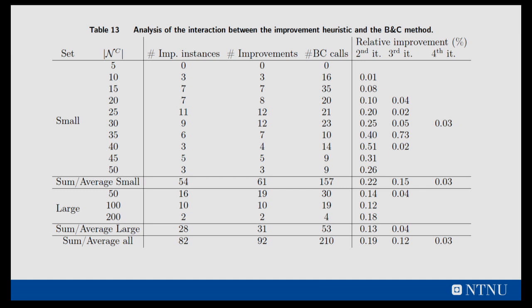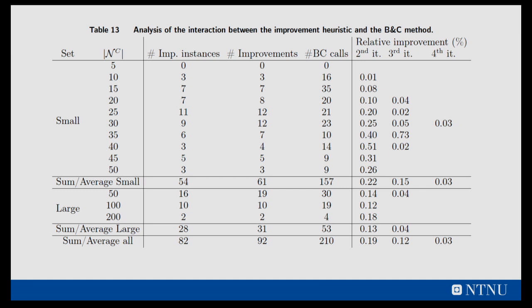From those calls within the branch and cut, we found here the number of improvements, like the number of times the improvement heuristic managed to improve the new best known solutions from the branch and cut method. And finally, we see how many instances that relates to.